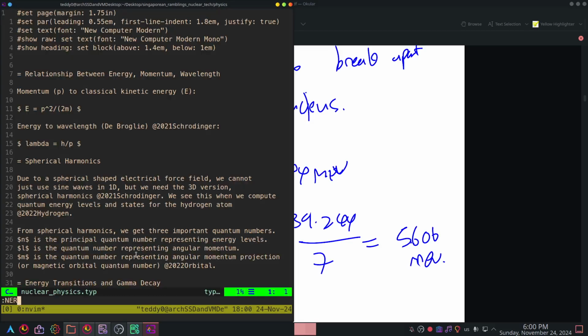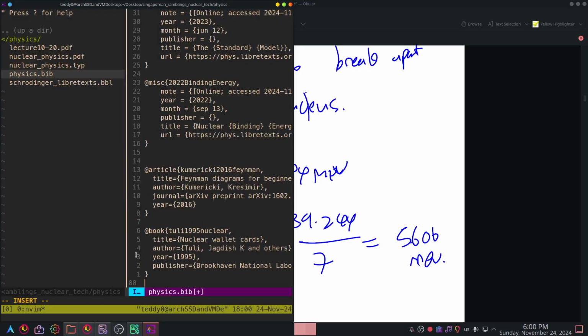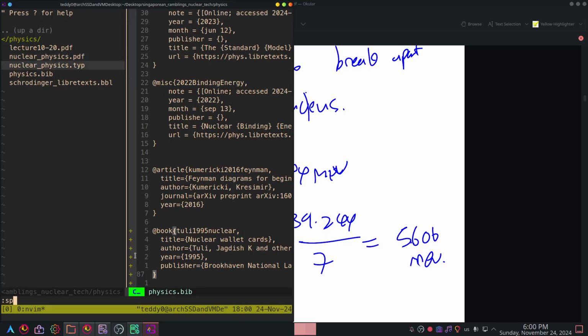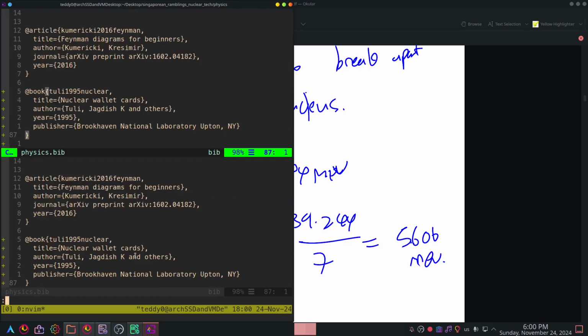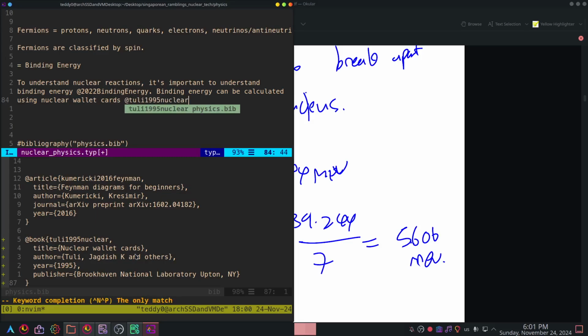I'm going to open up the file as well. Binding energy can be calculated using nuclear wallet cards. I'm going to put Tuli 1995 nuclear there.